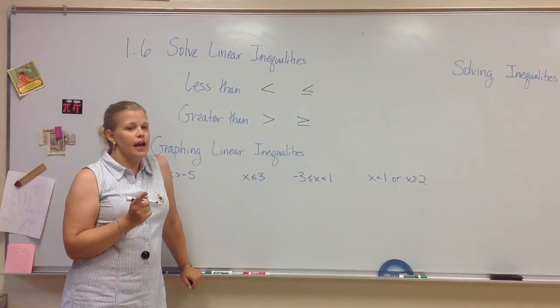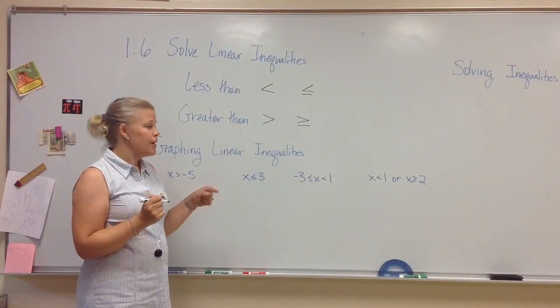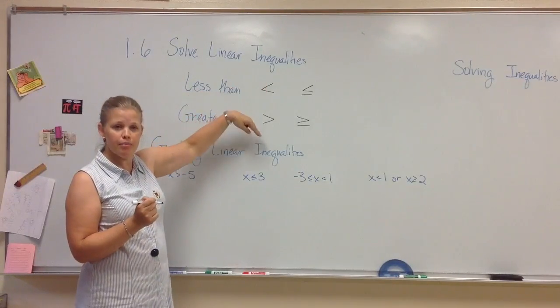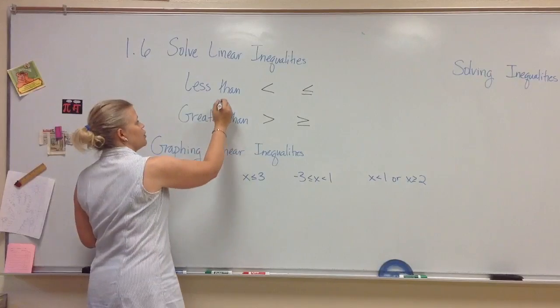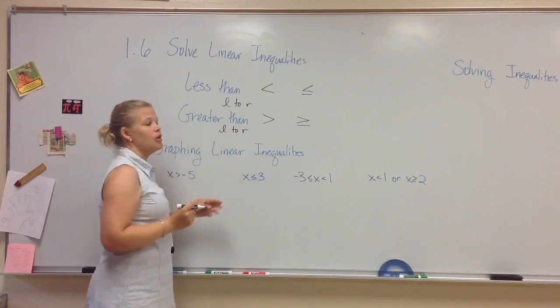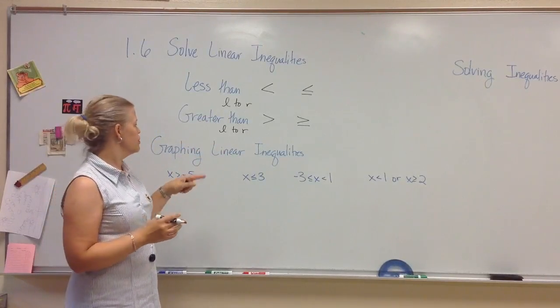But the one thing now that you're a big boy and girl that you need to remember is that this way of remembering only works when you're reading from left to right. Okay? We'll get into it a little bit more why that's important, but I just want you to remember.